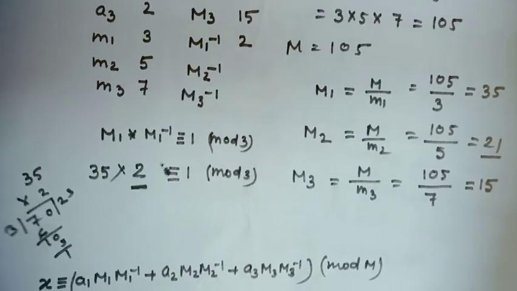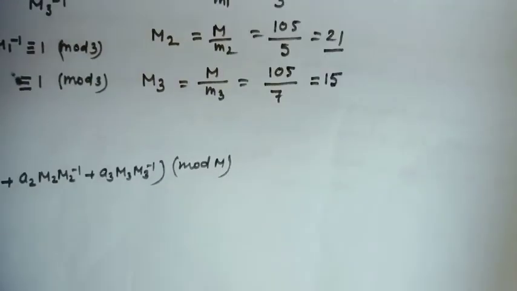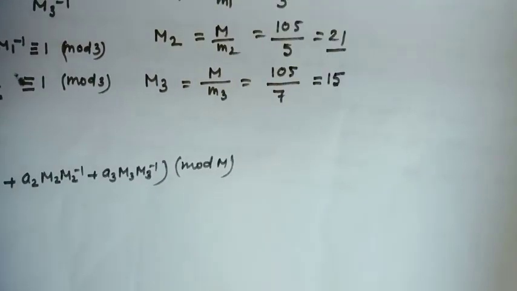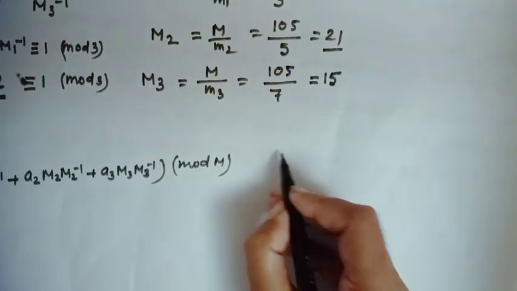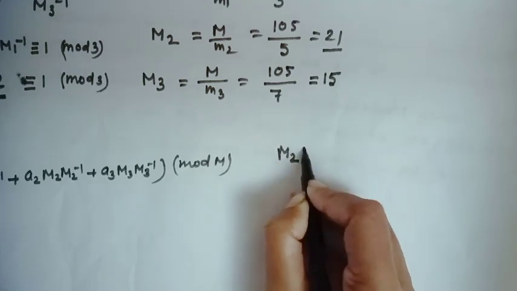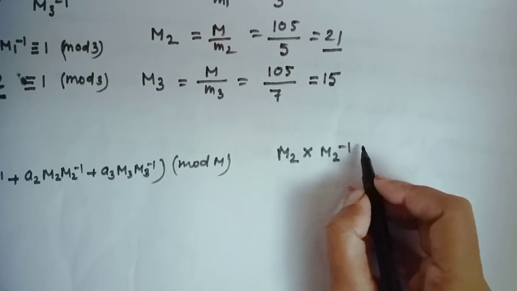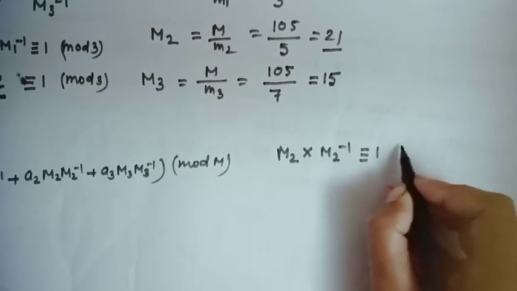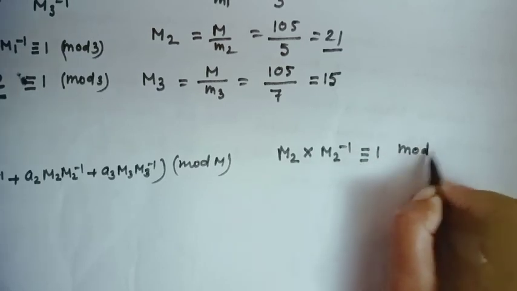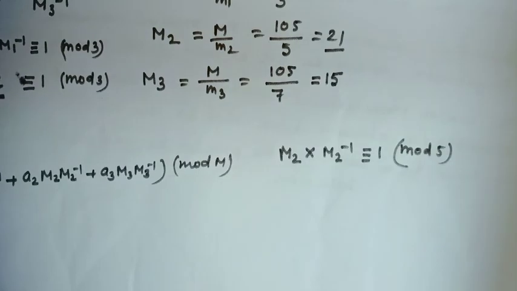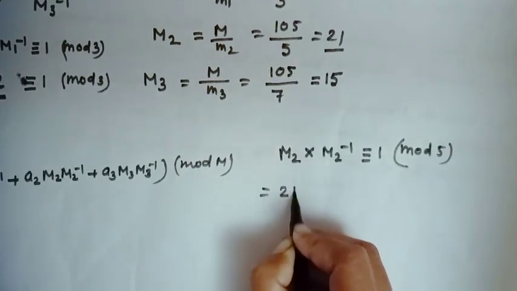Now we have to find M2 inverse. M2 times M2 inverse is congruent to 1 modulo 5. Here the value of M2 equals 21.